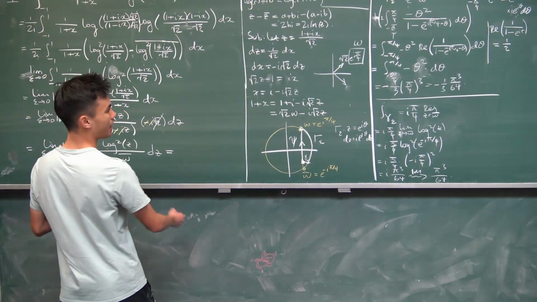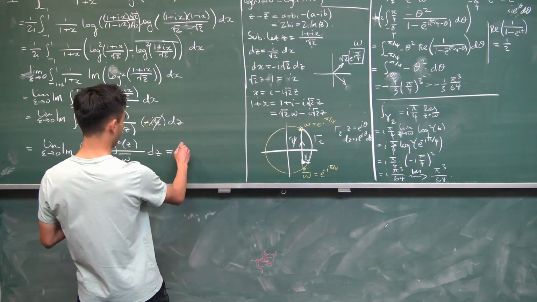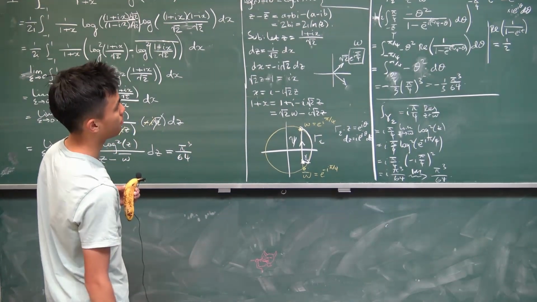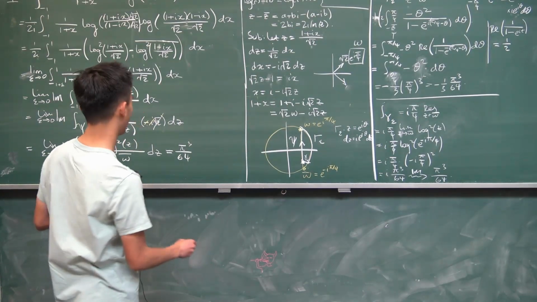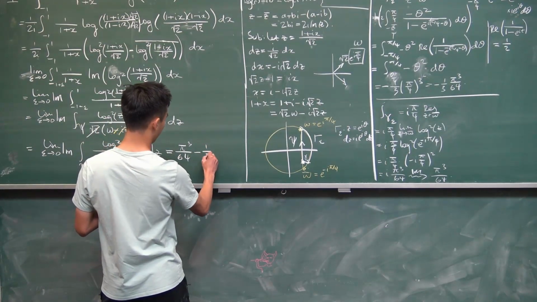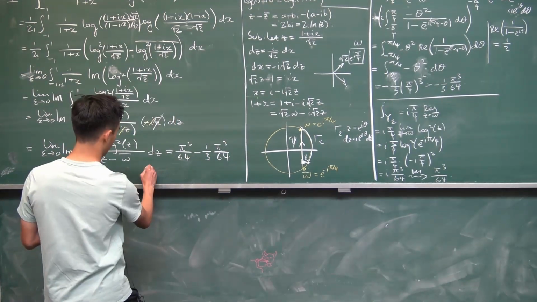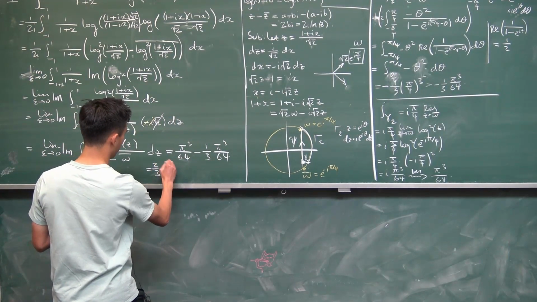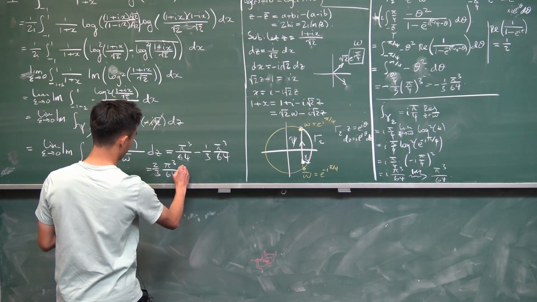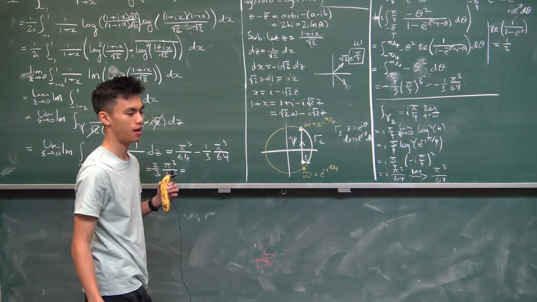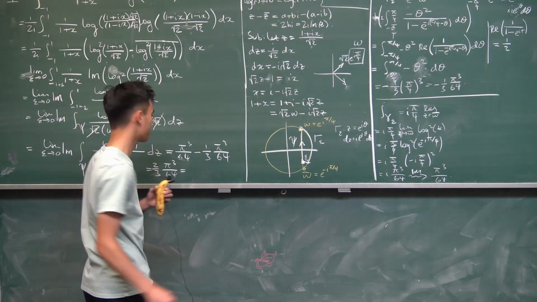So this is simply equal to, little gamma was pi cubed on 64, and big gamma was negative a third pi cubed on 64. So we have minus 1/3 pi cubed on 64. And what is this? This is just 2/3 pi cubed on 64. Let's see if we can simplify this. 2 and 64, that's 32.